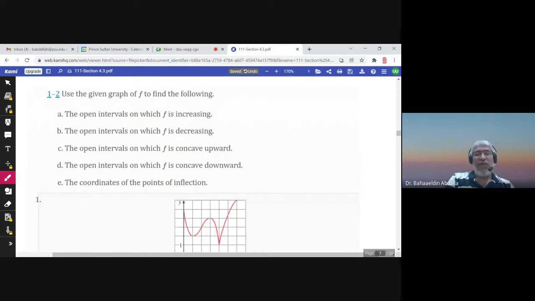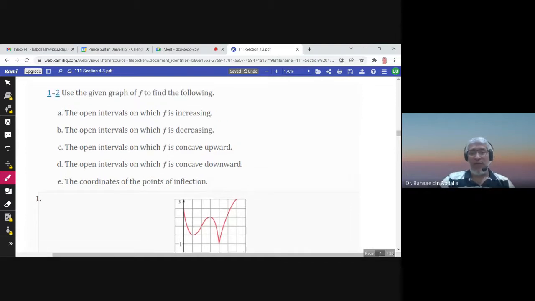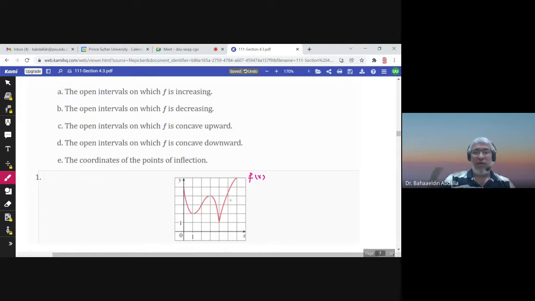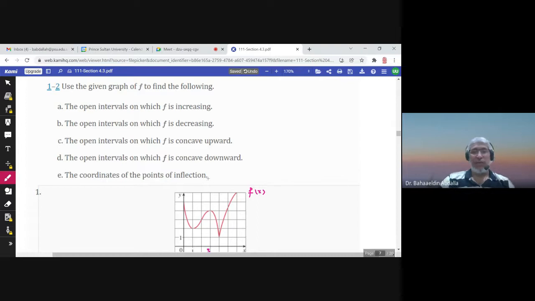Another question, use the given graph of f to find the following. The open intervals on which f is increasing. All right. Now this is the graph of f. So this is f of x. Increasing. From where is it increasing? Here it's decreasing. Here it's increasing. From where? From 1 to 3, the function is increasing.